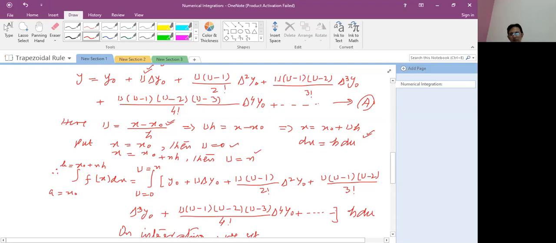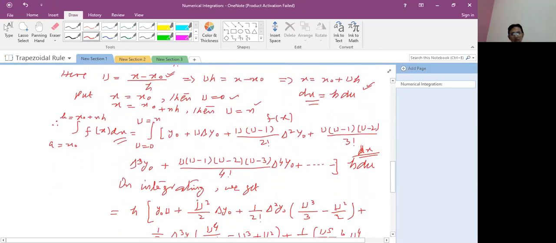And what is h times du? It is called dx. If you find the integral, it is called x, or the whole f of x. So dx is equal to h times du.